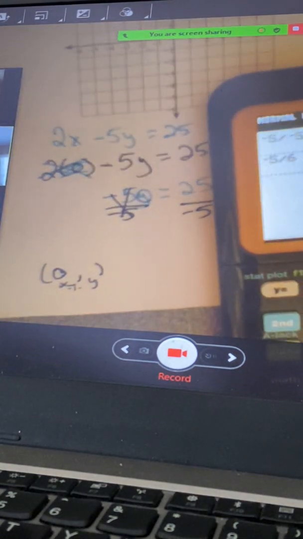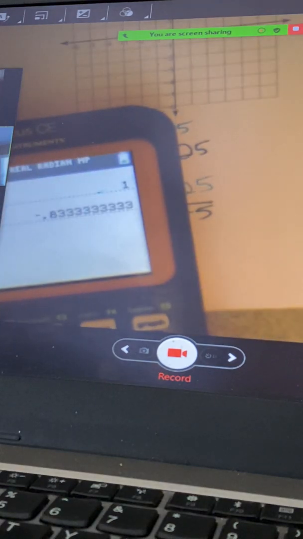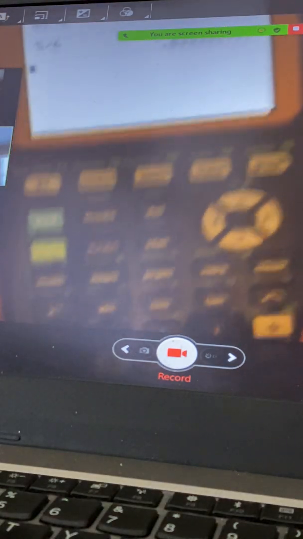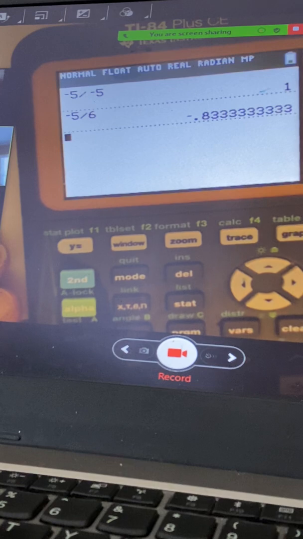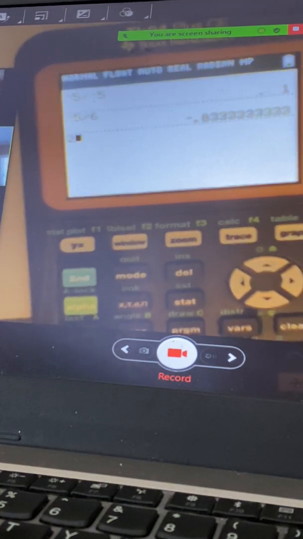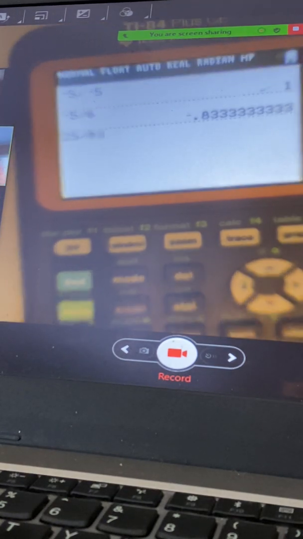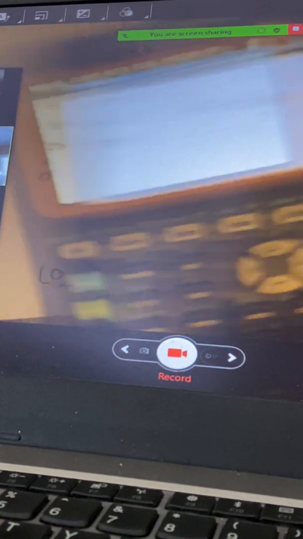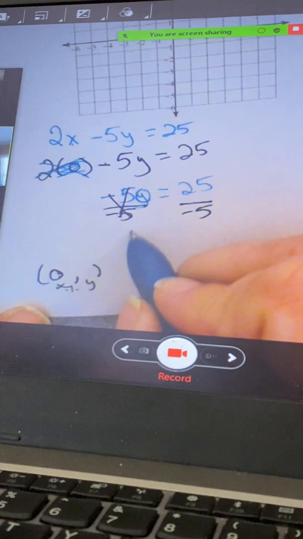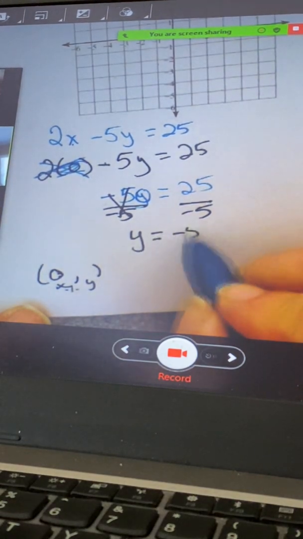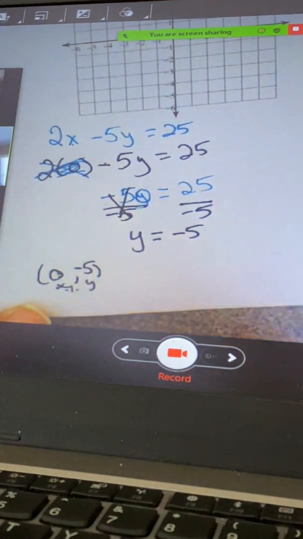I'm trying to get it so you can see this without me covering up the problem. It's not going to let me, so I'm just going to put it right here, okay? So it's 25 divided by negative 5. Just hit enter. Your answer is negative 5. So you have y is equal to negative 5, so I'm going to put that negative 5 right there.